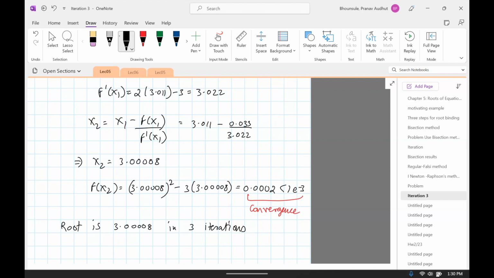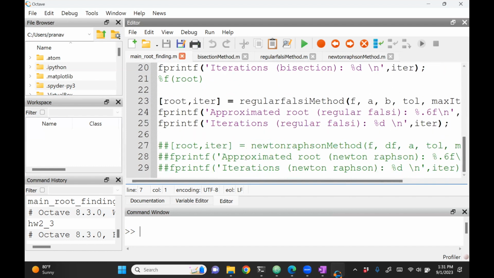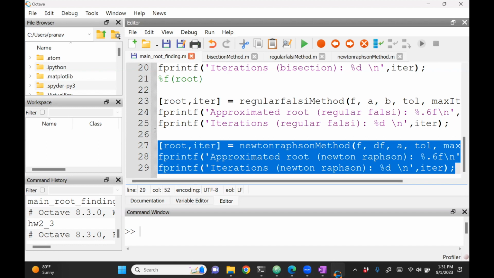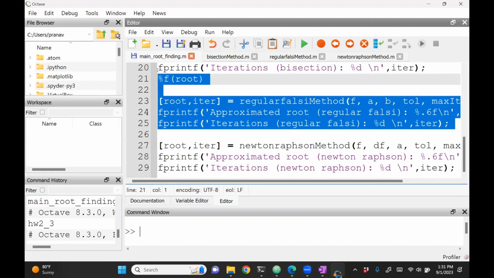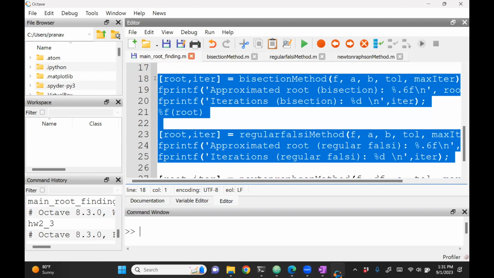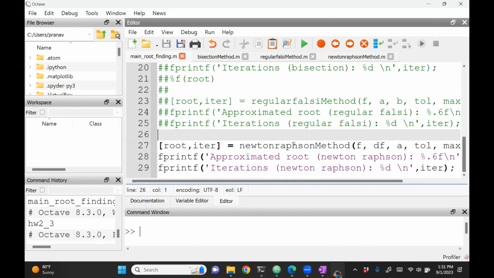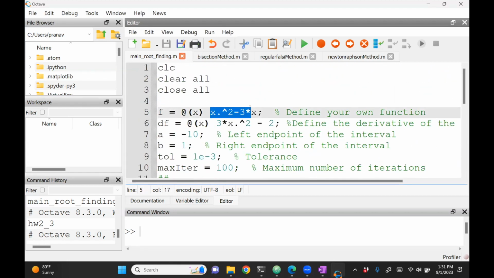So this is the function that you gave us, to replace that 3. I'm going to comment out regula falsi and bisection. It's the same file which calls those functions, so now it's set to use only Newton-Raphson. One thing I need to do here is that's my function, but I've not programmed the derivative correctly.